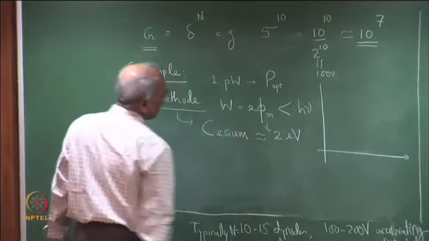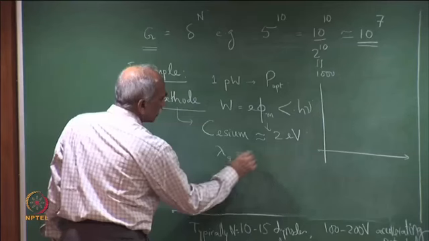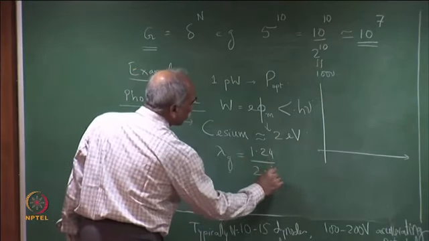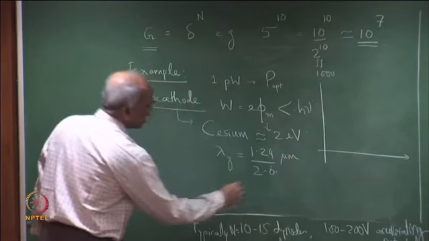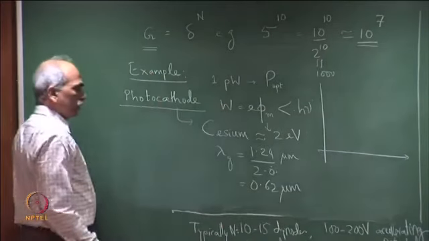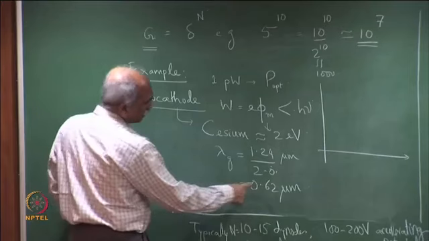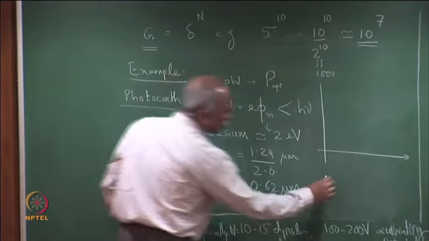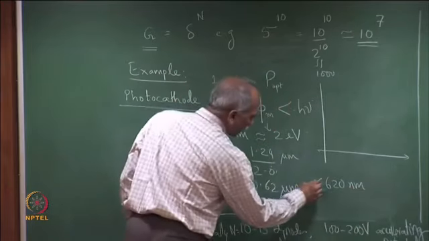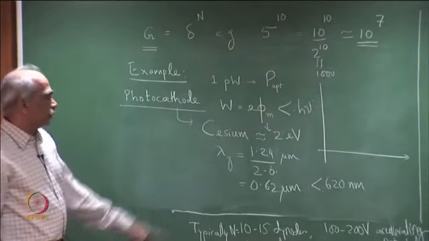So, if cesium is about 2 eV, the corresponding wavelength is 1.24 divided by 2 eV micrometer, which means this is 0.62 micrometer. This means that light with wavelength 0.62 micrometer, that is 620 nanometer or less, can be detected using this.